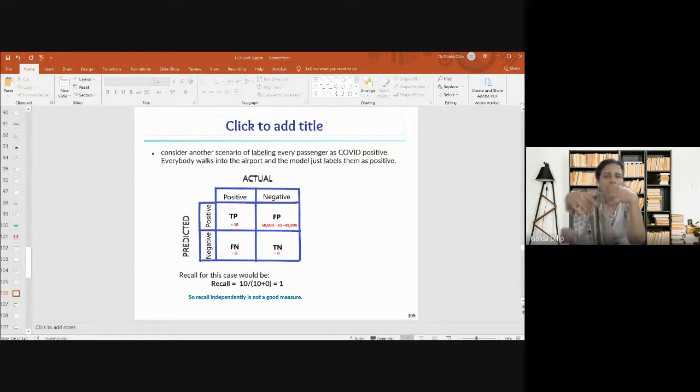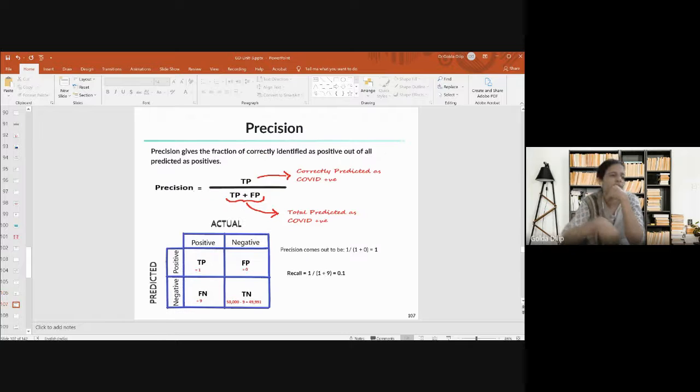It varies from situation to situation. Independently, it is not a good measure. So we have one more measure called precision.